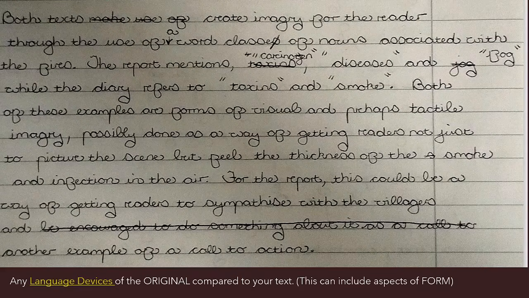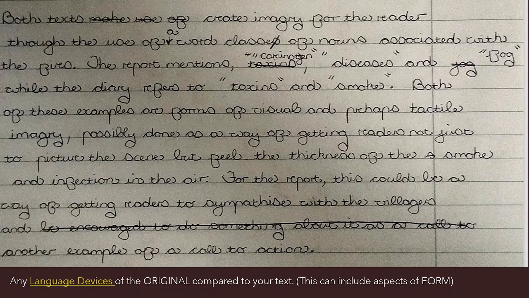Okay, let's have a look here. Both texts create imagery for the reader through the use of word classes or nouns associated with the fires. So it's a focus on some language devices here. The report mentions carcinogen, diseases, and fog, while the diary refers to toxins and smoke.